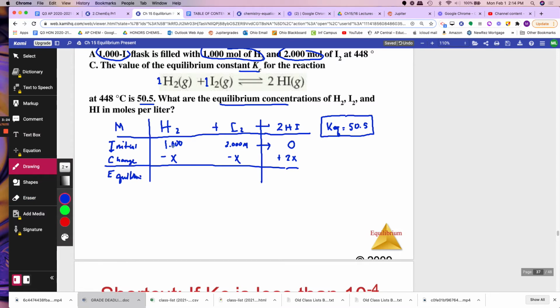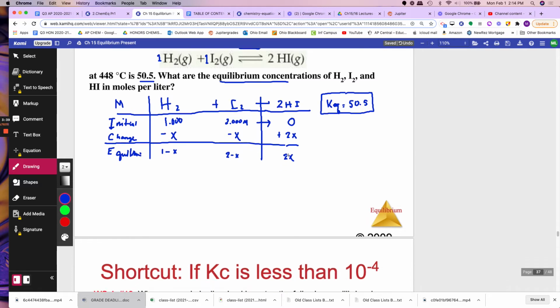I'm going to take away the significant figures for now just to make it simple. You're going to have initial plus the change: 1 minus X, 2 minus X. And here you will have 2X, because that's 0 plus 2X is what you'll make.